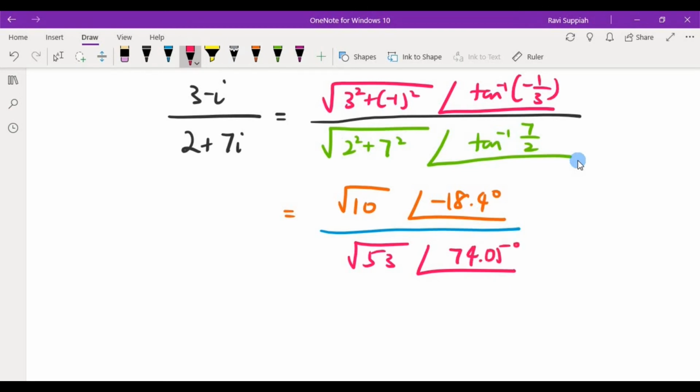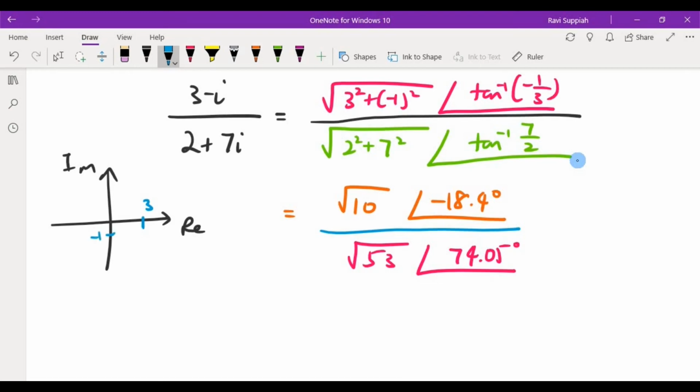74.05 degrees. So the numerator part, as you can see, has a negative angle, so we need to do the analysis. So let's draw the complex plane. So this is the real axis, imaginary axis. So 3 is here, minus j is minus 1 here.